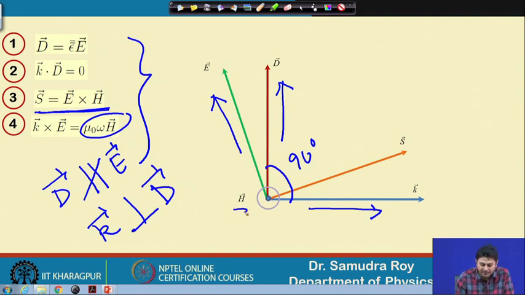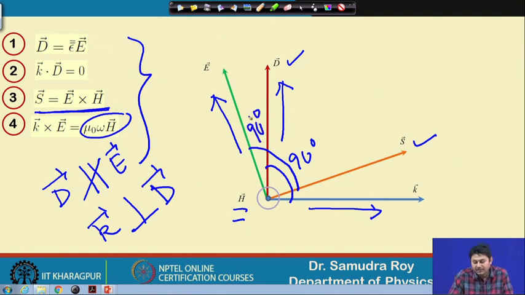Once the H vector is perpendicular to the plane, it is also perpendicular to D, it is also perpendicular to S, that is for sure. Now, the S vector is perpendicular to E and H both, that means the S vector and E vector are perpendicular. So, I can write here this is 90 degree.